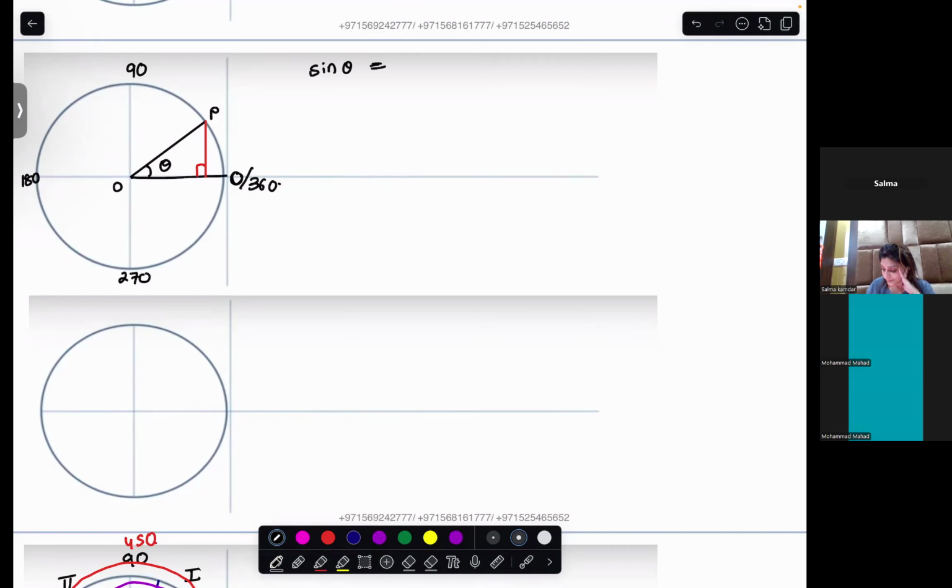It's going to be opposite divided by hypotenuse. So, SOH CAH TOA. I would say sine theta would be the y coordinate of P.